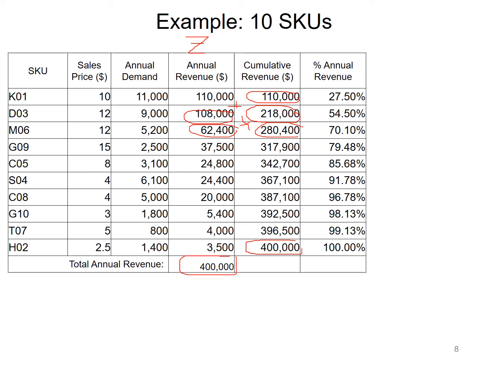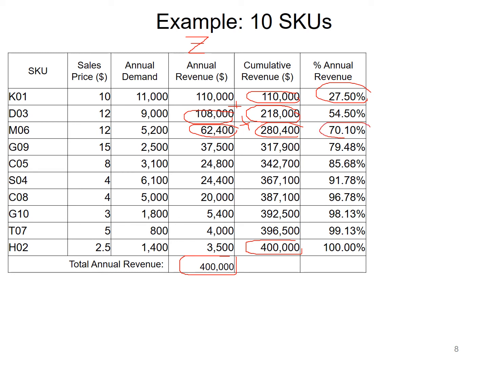We're now ready to calculate the percent annual revenue. This is simply the cumulative revenue value divided by the total revenue, or the last value in your cumulative revenue column. So the 27.5% value comes from dividing 110,000 by 400,000.